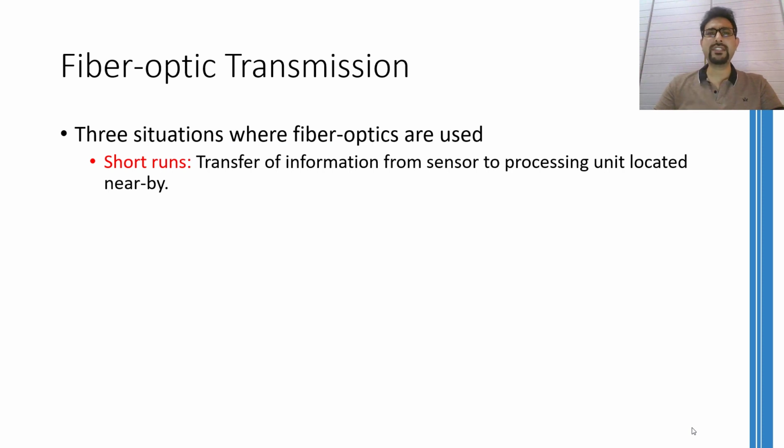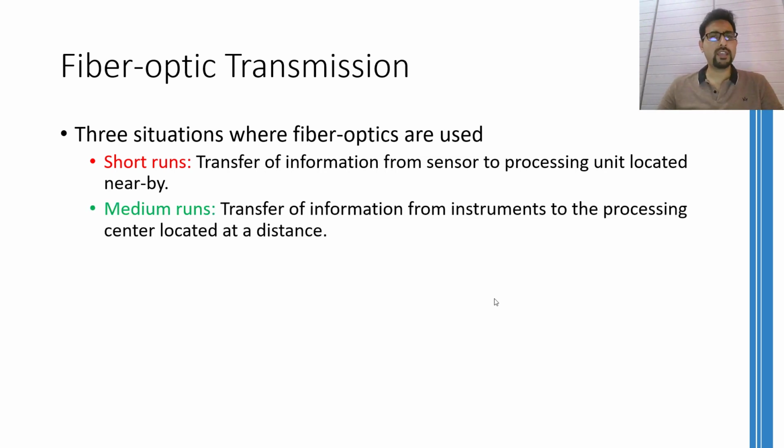Specifically, there are three different scenarios which may arise for signal transmission. The first one is when you want the signal to be transmitted over a very short range, that is, from a sensor to the signal processor which is located nearby. In the second case, this transfer of information might be over a bit longer distance. An example of this may be the local area network established in some institute.